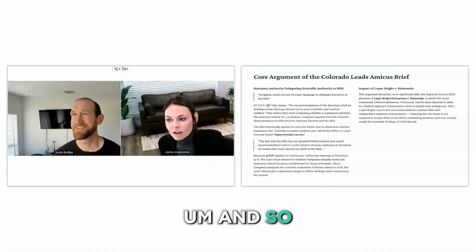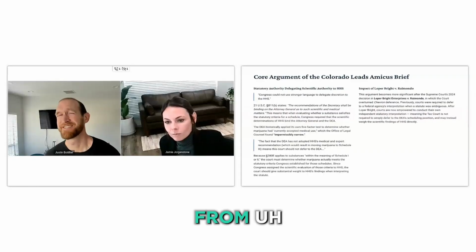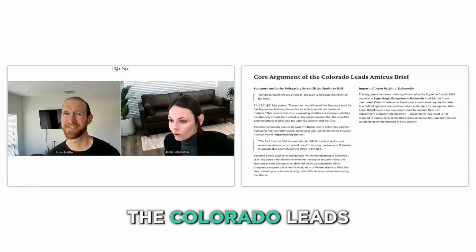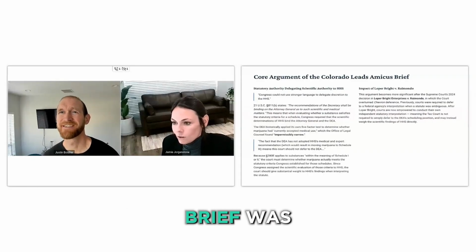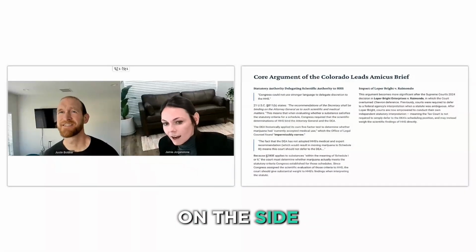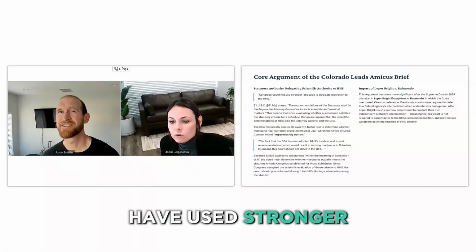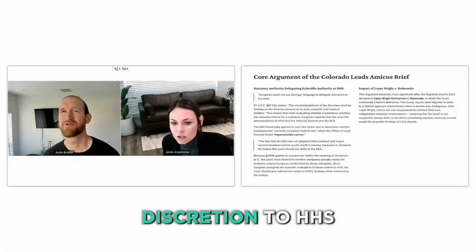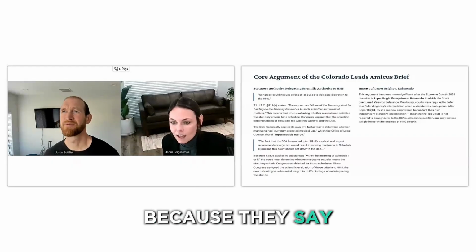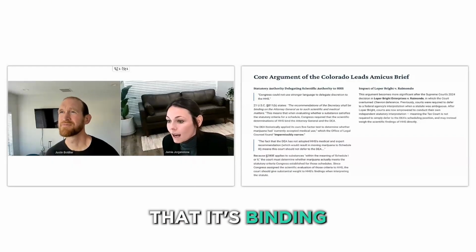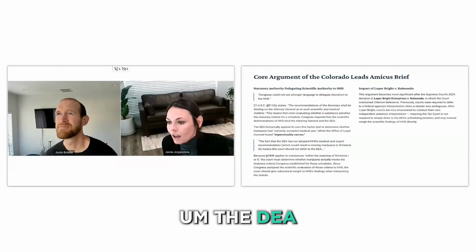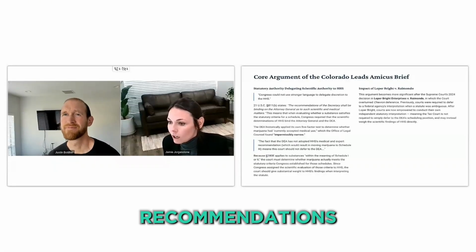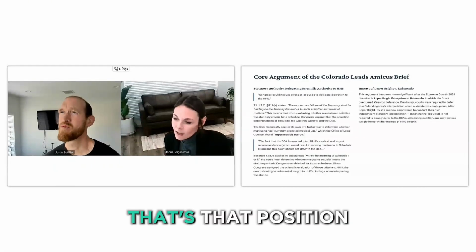And so an interesting quote from the Colorado Leads amicus brief is what's on the slide: Congress could not have used stronger language to delegate discretion to HHS, because they say in the code that those recommendations are binding to the DEA. And so that's that position.